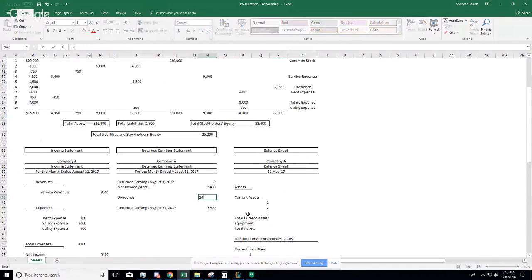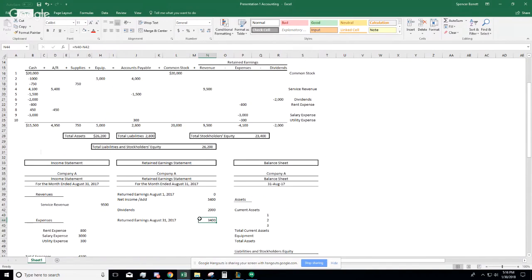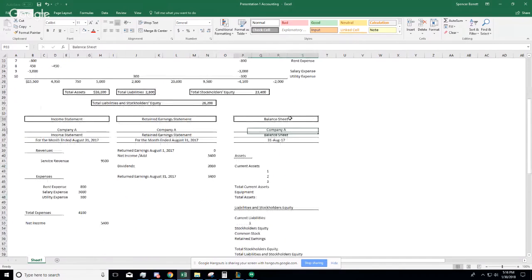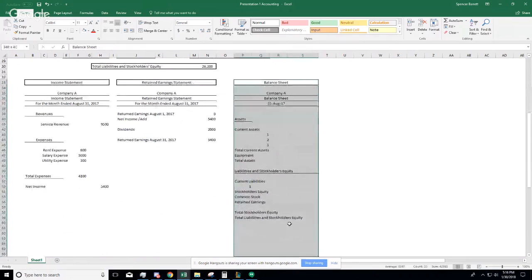So you want to put 2,000. So that means at the end of the month here on August 31st, 2017, our retained earnings was 3,400, I'm assuming dollars.